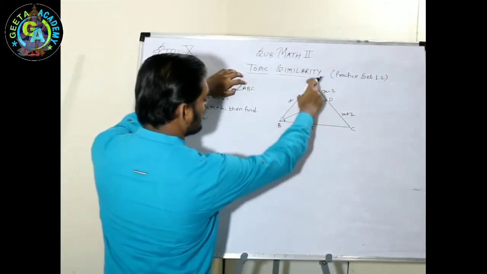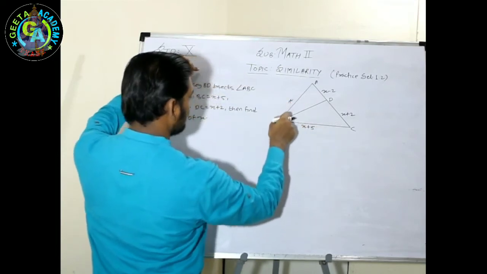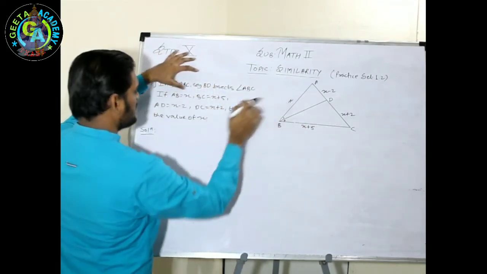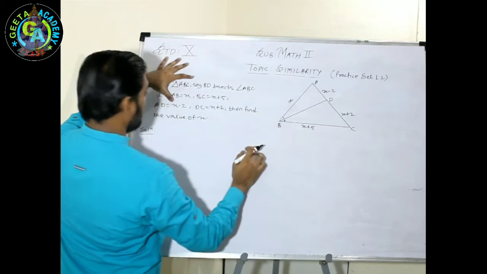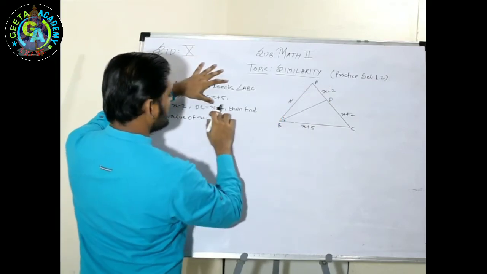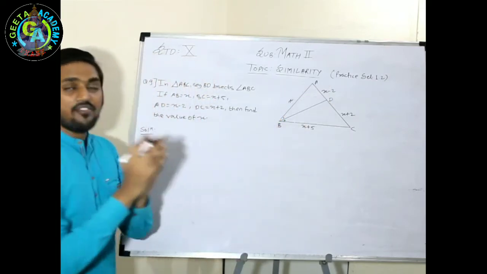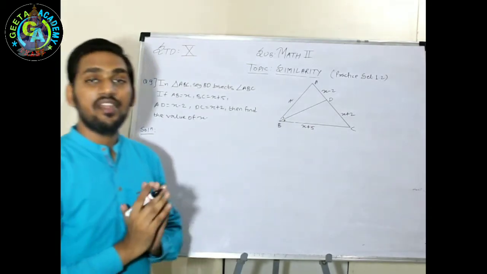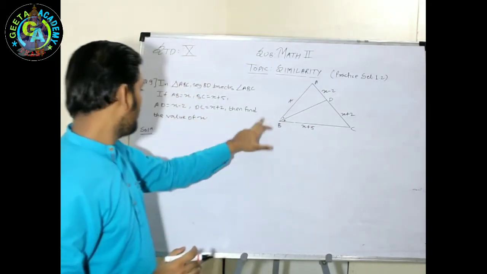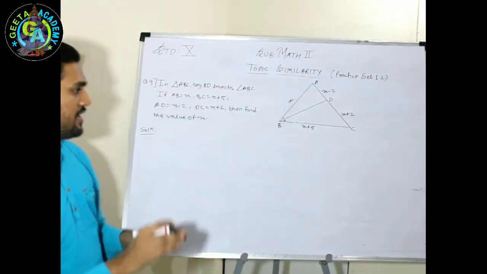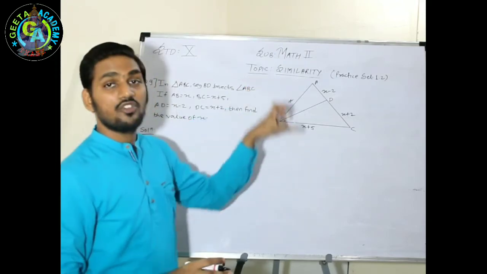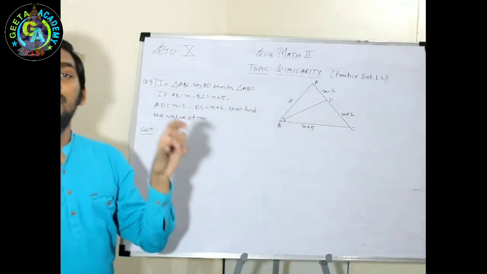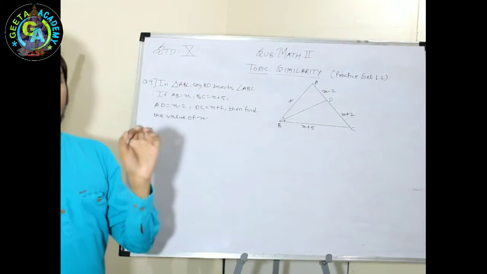Your BD is bisecting your angle ABC, as we can see also. AB is x, BC is x plus 5, AD is x minus 2, DC is x plus 2. Here direct values are not given. Values are given in terms of x, and we have to find the value of x only. So as this sum is based on the angle bisector property, we will apply angle bisector property only.